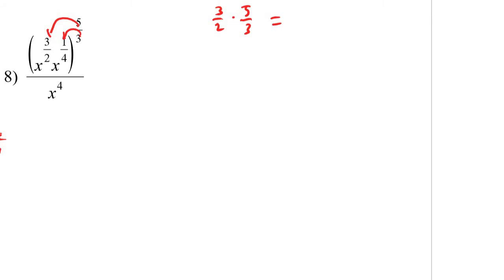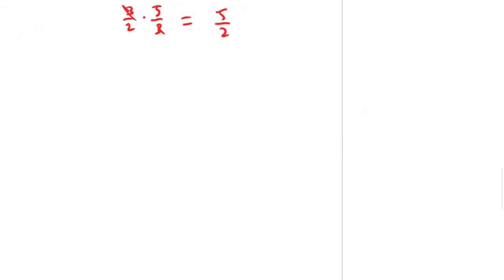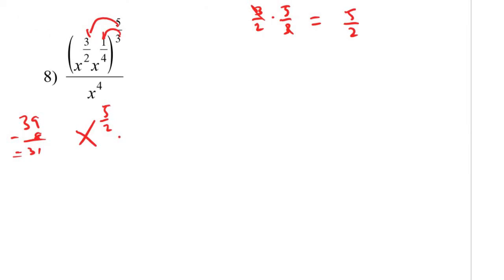If you do the multiplication, this cancels and it will be 5/2. So the first is x to the 5/2. Then I'll do the multiplication on the second one, 1/4 times 5/3. That will be 5/12.